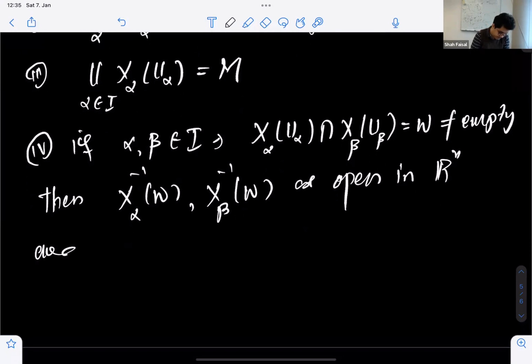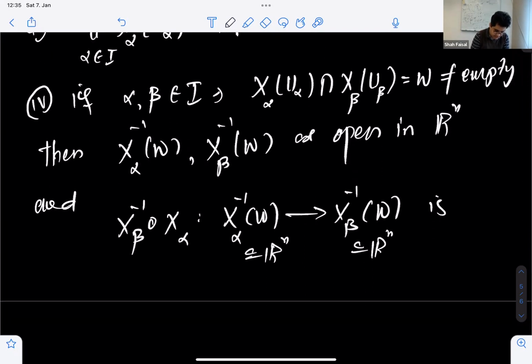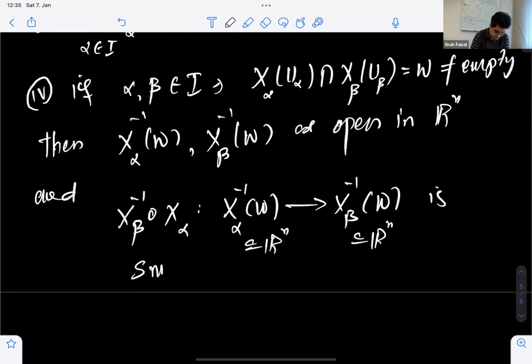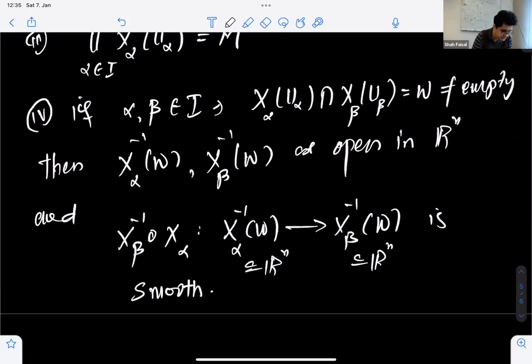And x beta inverse composed with x alpha would be a function from x alpha inverse of W to x beta inverse of W. So this is an open set in Rn, and this function has to be smooth. That's the definition, that these notions of differentiability I have defined above do not depend upon the choice of these functions.